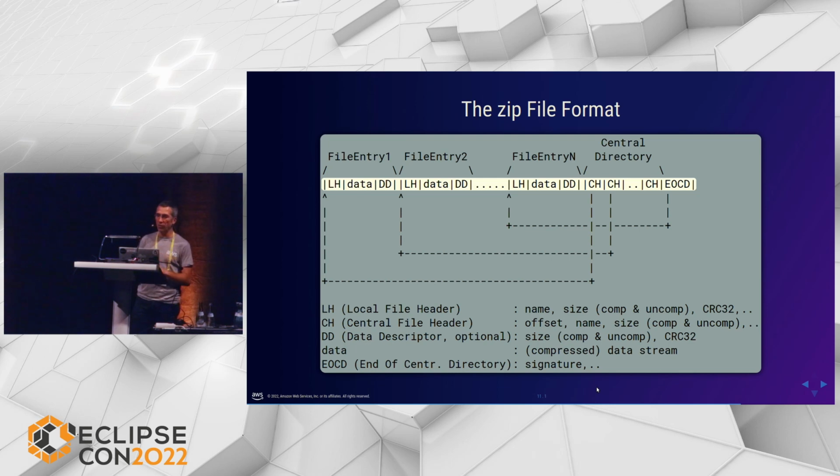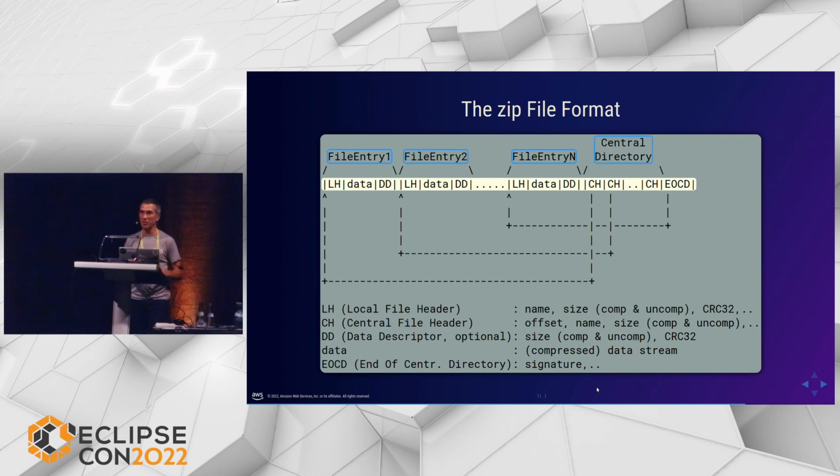So this is just a small overview of how the zip file format works. The highlighted line is basically the zip file, and it consists of so-called file entries, and at the end of the zip file there is a central directory. It's a kind of strange layout, but that's because the zip file format was really made for floppy disks, if you remember them.